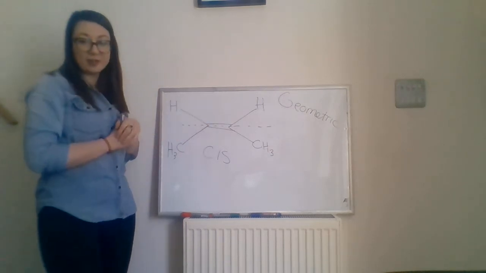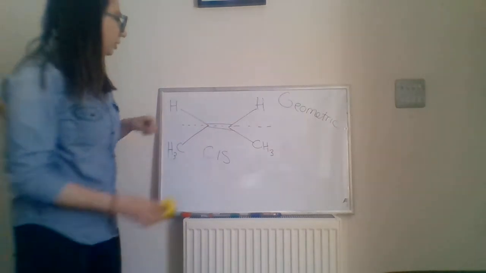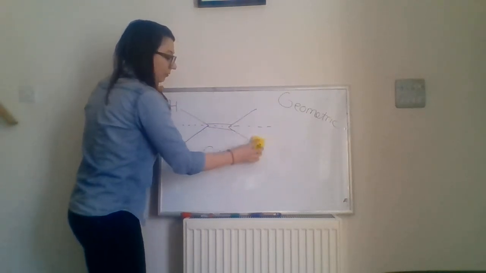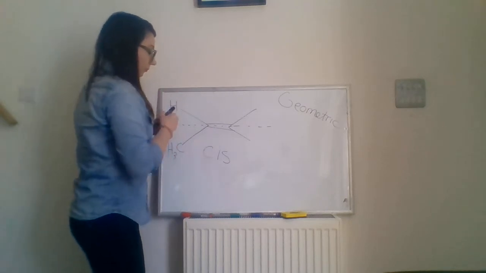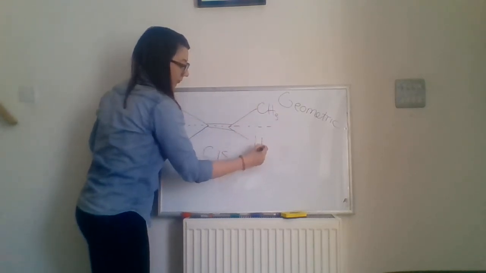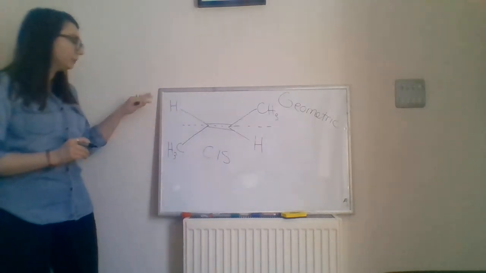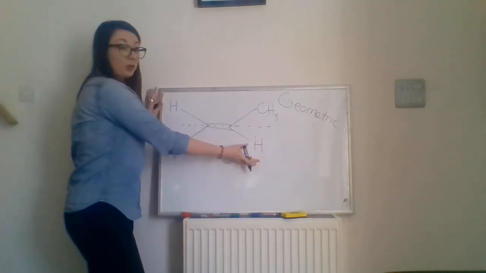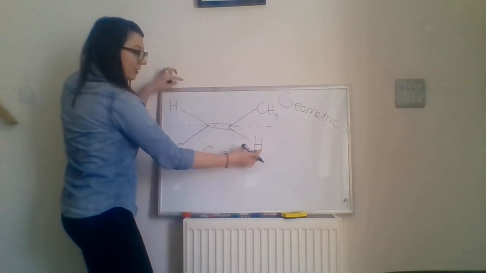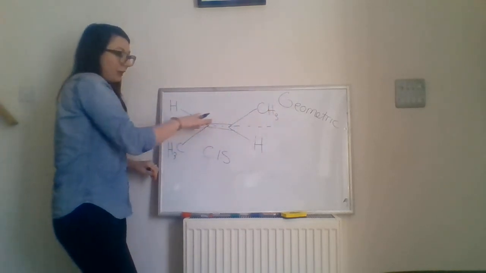The other version of this isomer that we could have, we can look at by switching these around. And in this example, our hydrogen and our hydrogen, or our CH3 and CH3, are on opposite sides of this line.